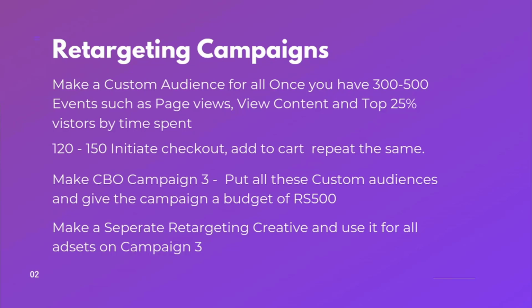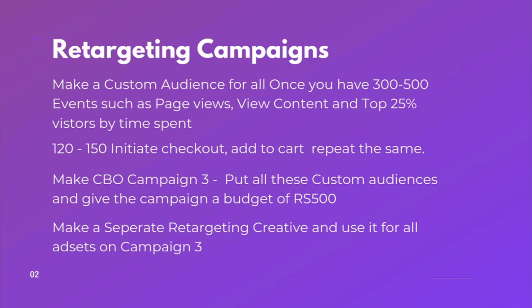Now after you do this, you make a retargeting campaign, a CBO campaign, which is campaign 3. Put all those custom audiences, like page views, view content, top 25 visitors, initiate checkout and add to cart, within a campaign budget of 500 rupees, and run a separate creative for them.